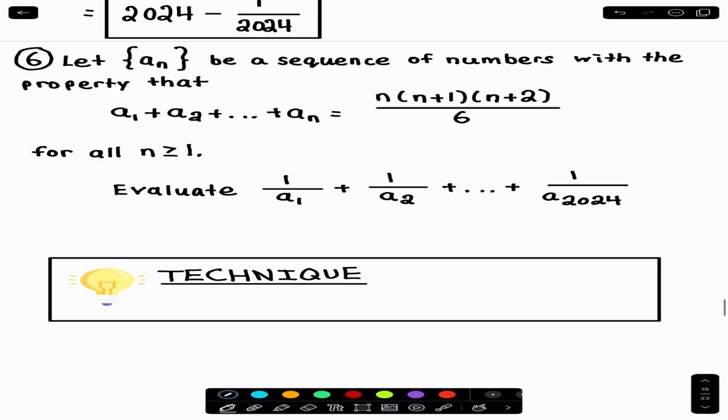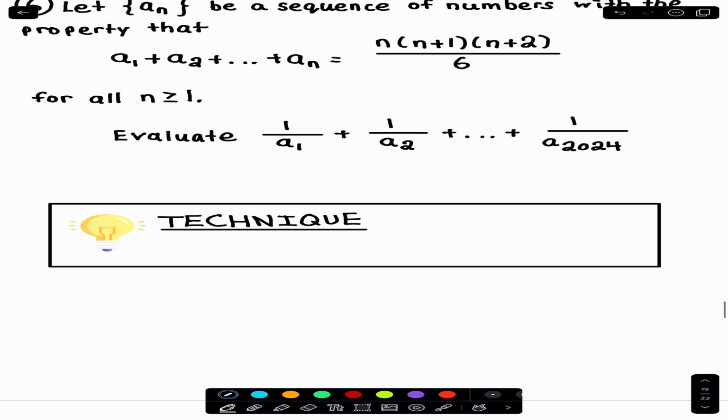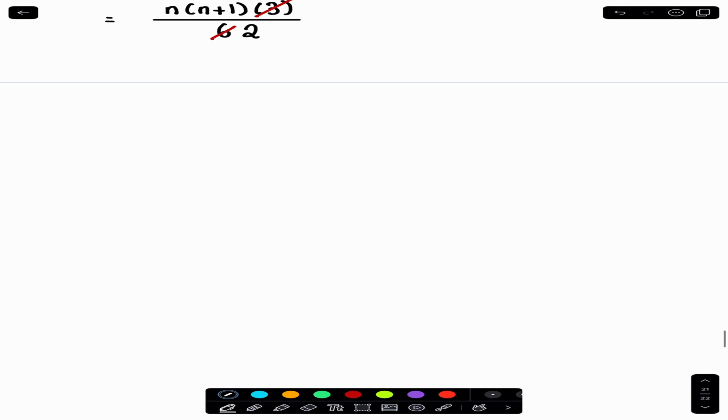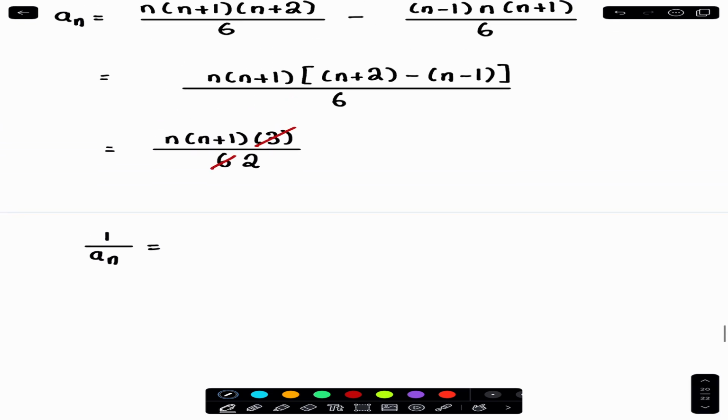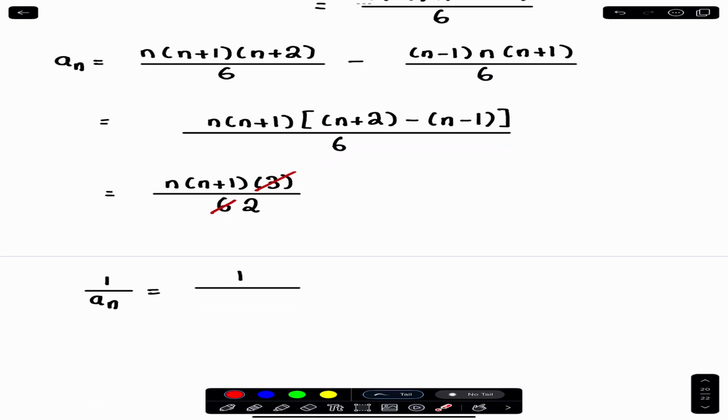Now, because in our sum we are asked to evaluate 1 over a1 plus 1 over a2, you get the idea. It would be better, now that we know what an looks like in general, to say that 1 over an ends up being, we found a very general form for an.